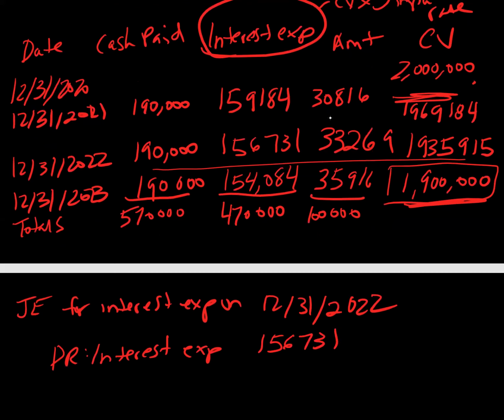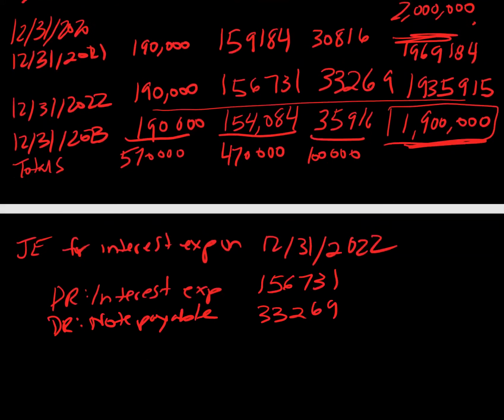Now I'm going to be debiting the note payable because I'm decreasing it each period, which is what happens when you're amortizing a premium. So now I'm debiting the note payable by 33,269. And then my credit is going to be to cash for the amount that I'm paying to Red Bank. And this is going to be 190,000.